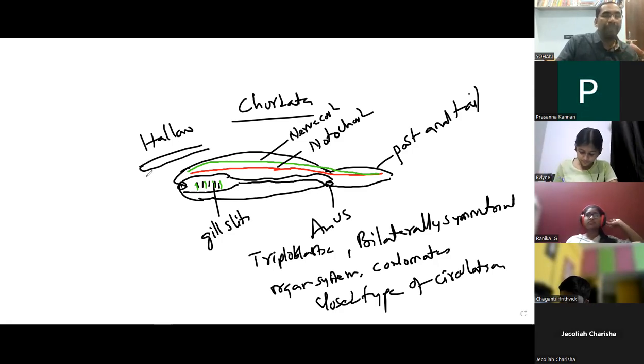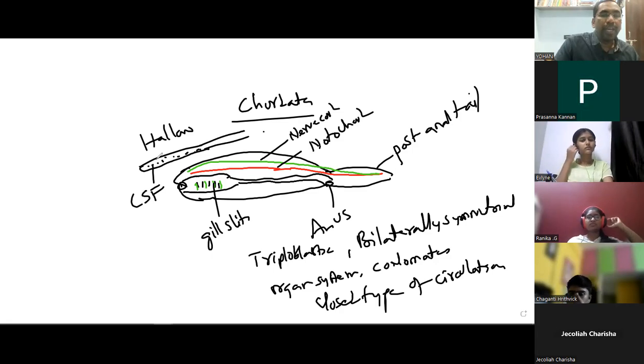Hollow means cavity. That hollow cavity is filled with cerebrospinal fluid, found in the brain. And look here, this nerve cord, during the course of evolution, differentiates into anterior brain and posterior spinal cord.